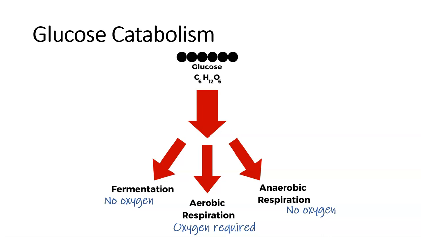But what if oxygen is not available? Or what if an organism doesn't have the genes encoding the proteins necessary for aerobic respiration? This is where anaerobic respiration and fermentation come in. These additional pathways allow organisms to obtain energy from glucose, even if the environmental conditions or their genetic characteristics don't allow for aerobic respiration.